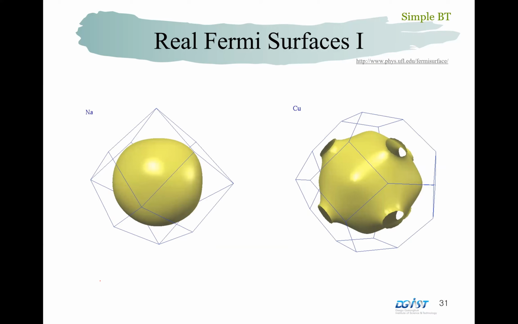The Fermi surface is really a three-dimensional one, as you see here. Sodium looks like just a sphere, and copper basically looks like a sphere, but with small connections to the next Fermi surface. There are some names for the Fermi surface based on the shape. I'm going to show them later.